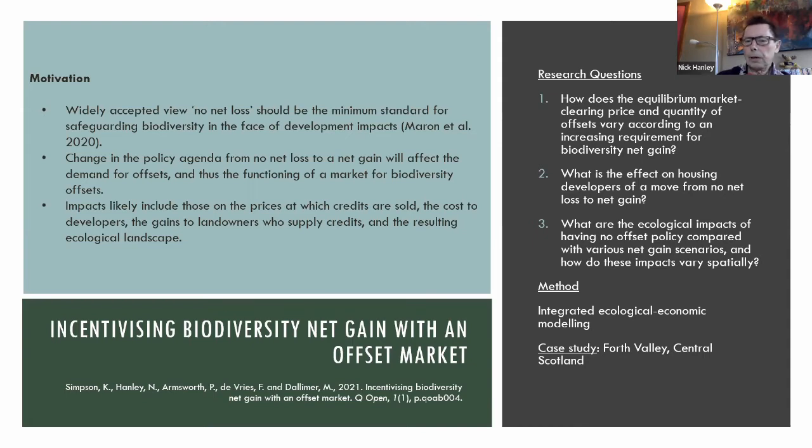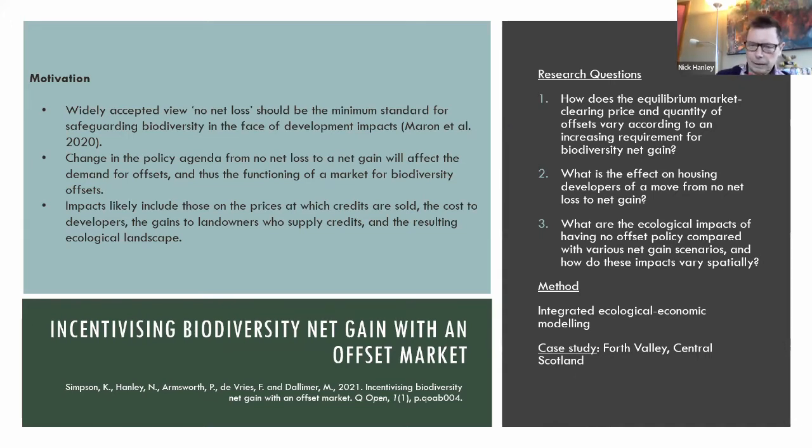What's going to happen to the equilibrium price and quantity of offsets as we wind up the net gain requirement? What's going to happen to the amount of housing development? And what are going to be the ecological effects, both within the market and outside the market? And how are they going to vary across space? So, space is really important here.